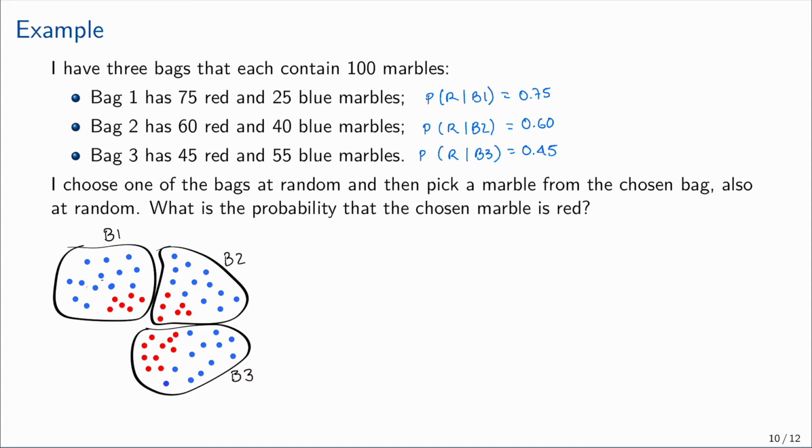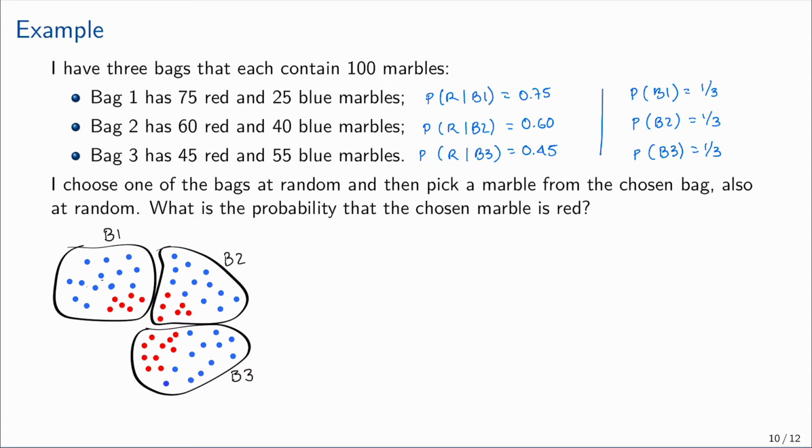Now if we select one of these bags randomly, the probability of selecting bag 1 is 1/3, the probability of selecting bag 2 is 1/3, and the probability of selecting bag 3 is 1/3. So we have 2 different events. One is selecting the bag, and the other is choosing a marble from that bag.